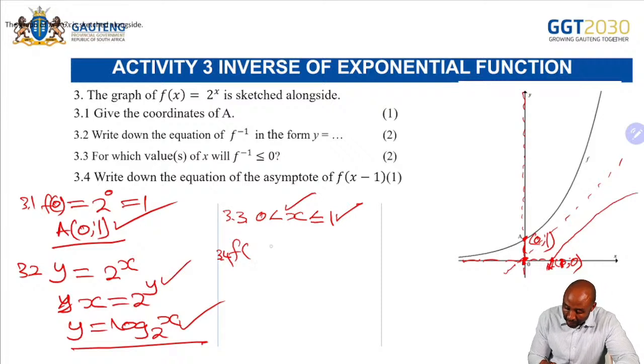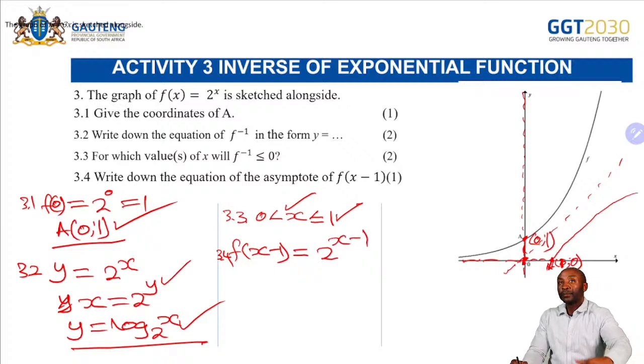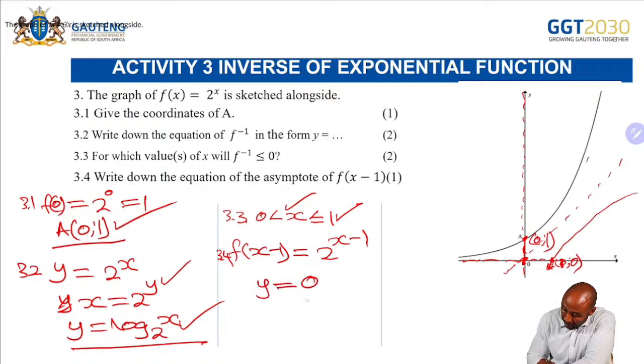We want to find f of x minus 1, which means 2 to the power x minus 1. Now, we know that still the value of our q here is 0, which means we only have our horizontal asymptote, meaning our y is equal to 0. This is our horizontal asymptote.